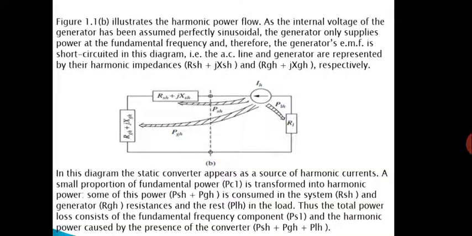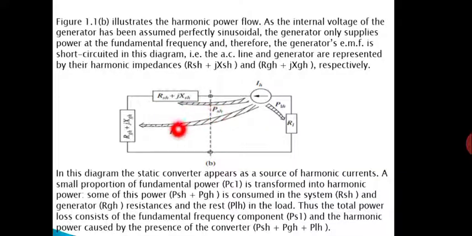In this diagram, the static converter appears as a source of harmonic current. A small portion of fundamental power PC1 is transformed into harmonic power. Sum of this power PSH plus PGH is consumed by the system resistance RSH. So this one, sum of this PSH plus PGH.